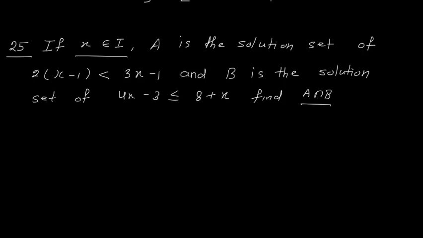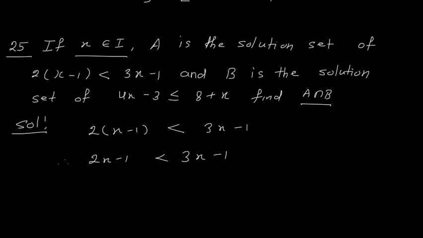A is the solution set of the inequation 2x minus 1 less than 3x minus 1. So we solve it: 2x minus 3x is less than minus 1 plus 1.